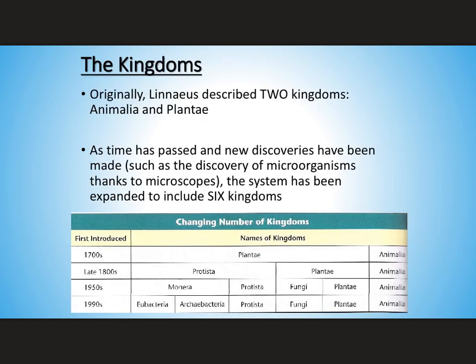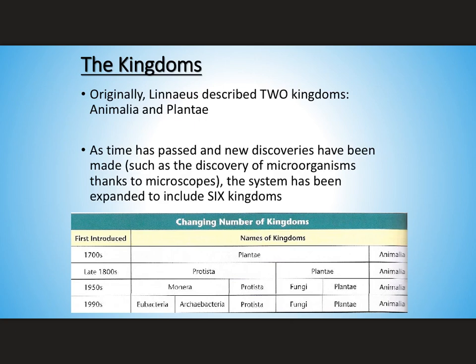Now, Linnaeus, I like this little chart here. It's getting a little old and dated, but it breaks down how the classification system has evolved over the couple hundred years that it's existed. So, when Linnaeus started out in the mid-1700s, he had two kingdoms, the plants and the animals, right?